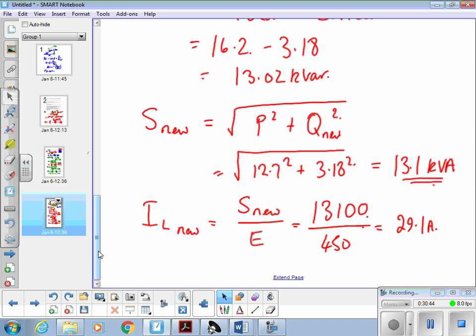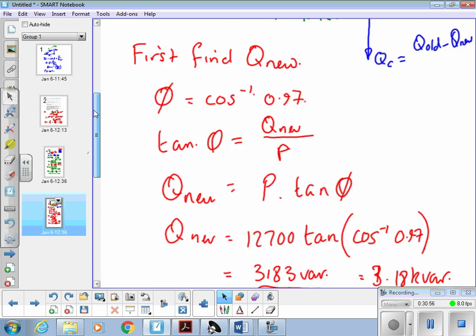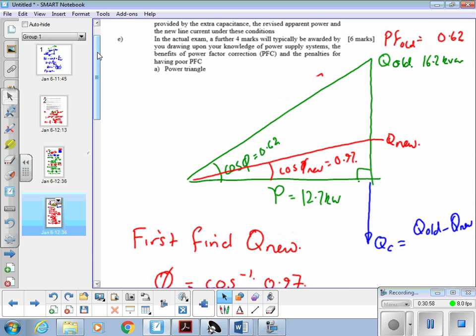I don't believe that's a particularly difficult question, but the maths is not difficult if you understand the electrical bit. And that is about understanding this diagram. That's the old situation.